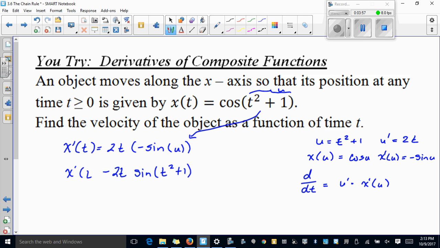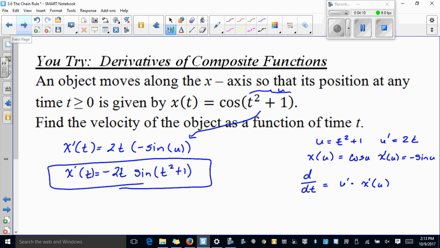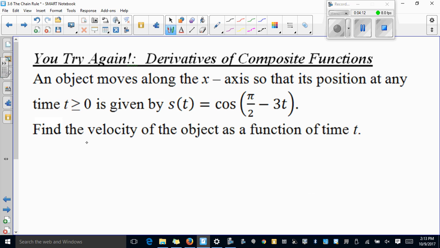Okay, let's try another one. U is equal to pi over 2 minus 3t. So u prime is negative t. Oops, I lied. Negative 3. Negative 3. What did I hit? The wrong thing. Negative 3.